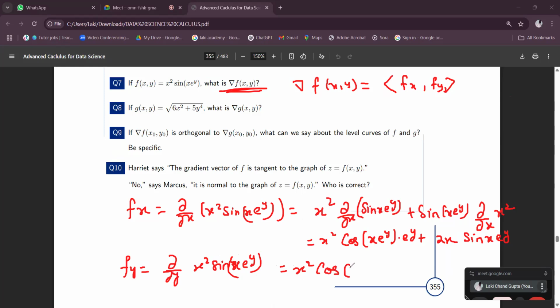Derivative of sin is cos into e to the y. Put it here.